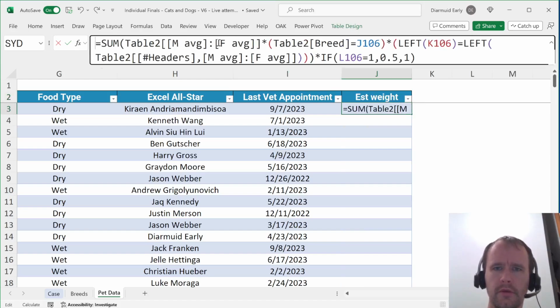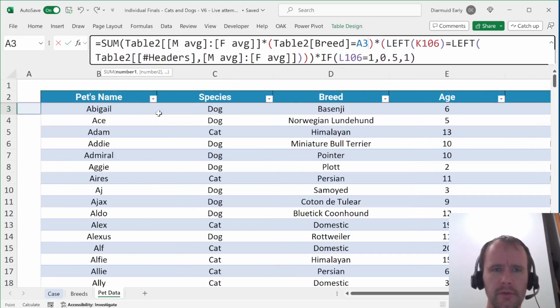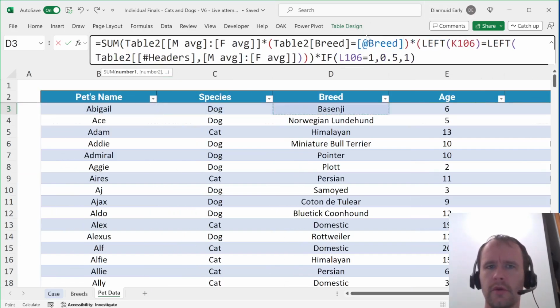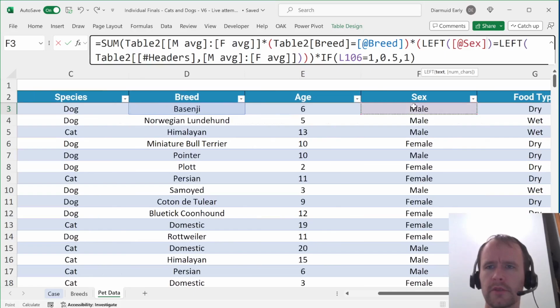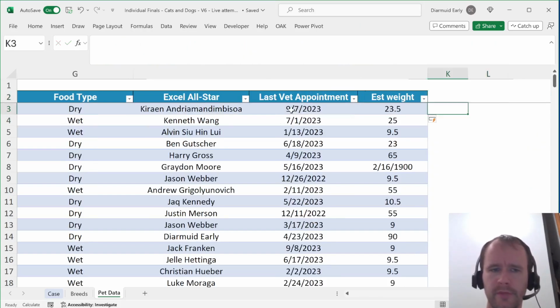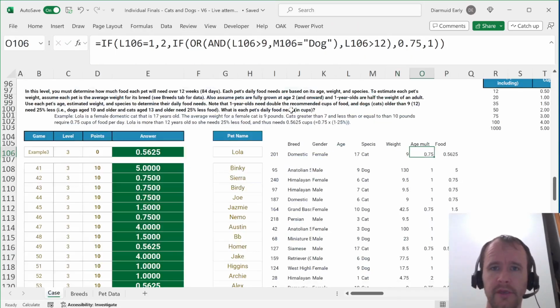Will be breed equals breed, left of x equals left of that times if age equals 1. Okay, so that's the estimated weight. Then what else? We've got the age multiple.